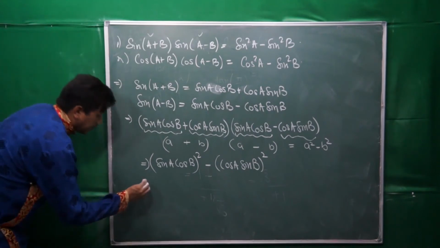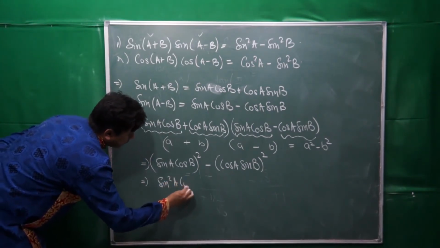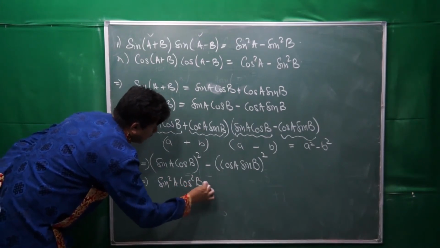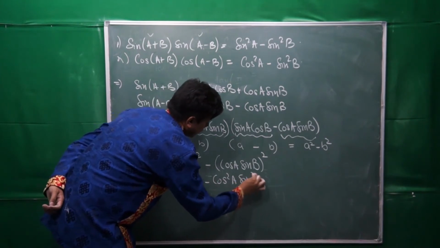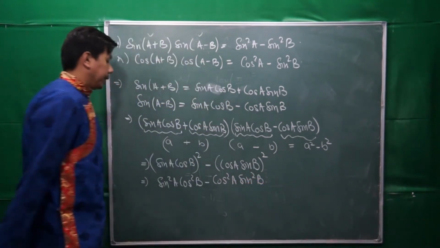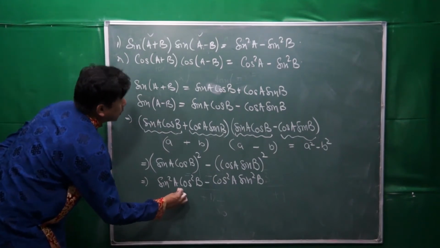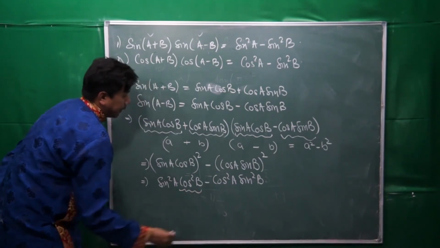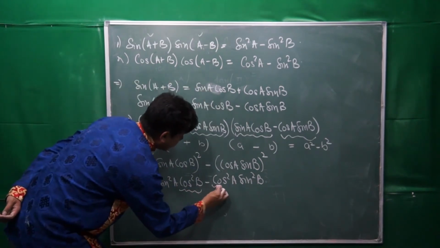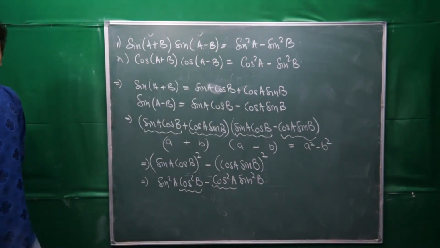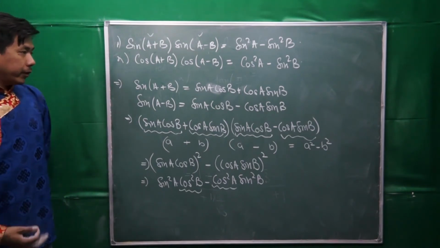Easy. So further, let's write it as sin²a cos²b minus cos²a sin²b. Now what about these values, cos²b and cos²a? We can easily convert them into sine using trigonometric identities.